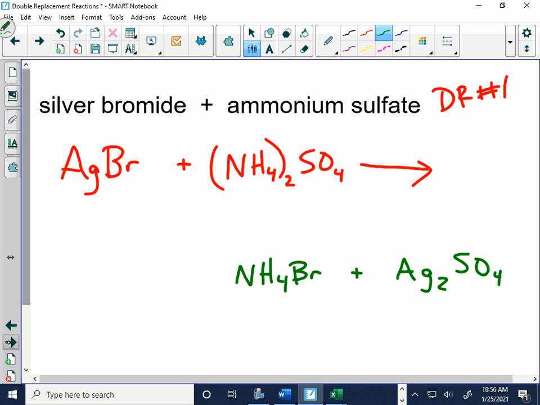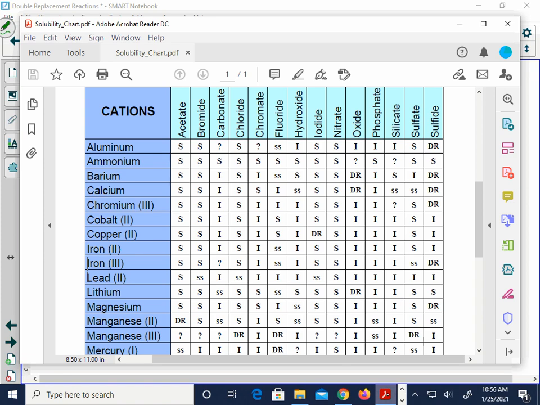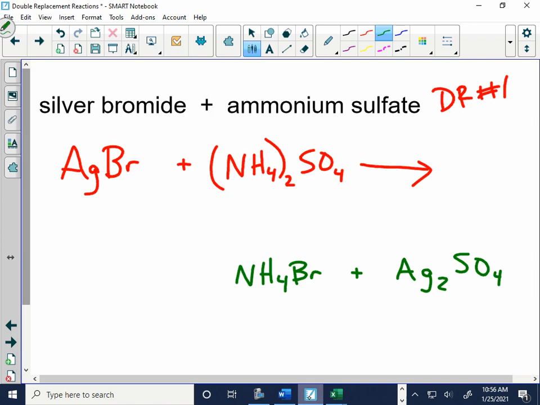So I've predicted my possible products. Now I need to check my solubility. And as I do so, ammonium bromide. Ammonium bromide gives me an S. So that is an aqueous solution.